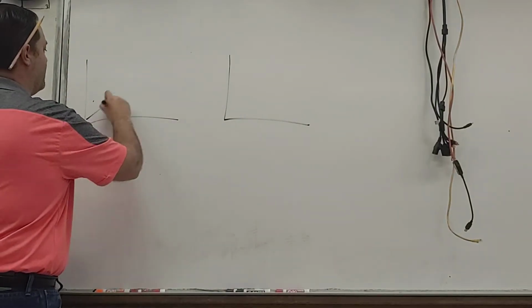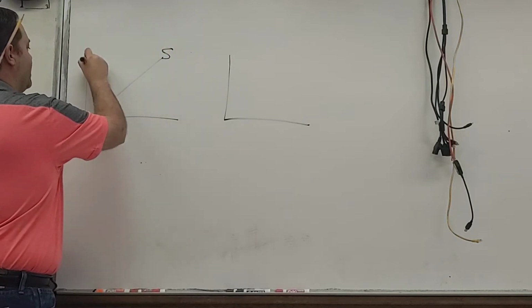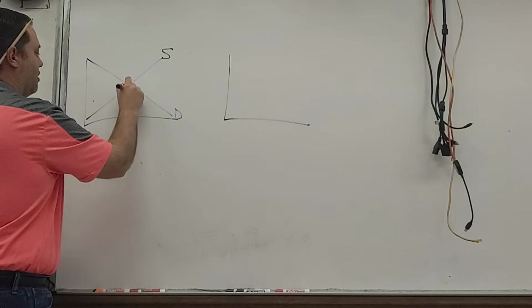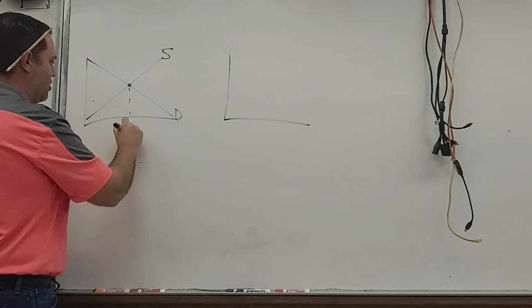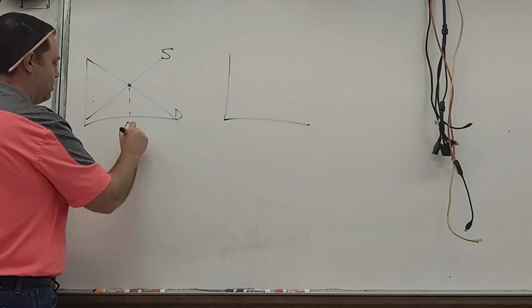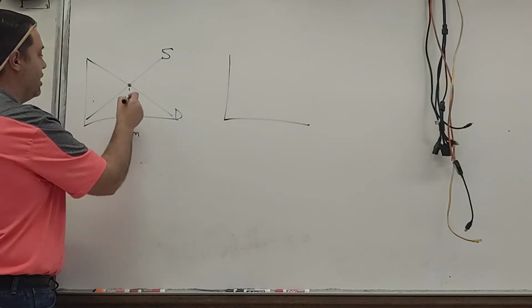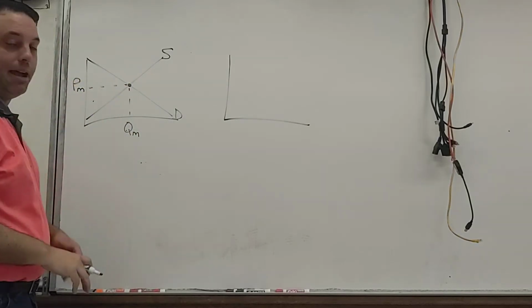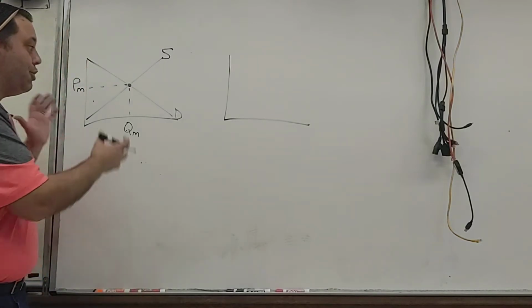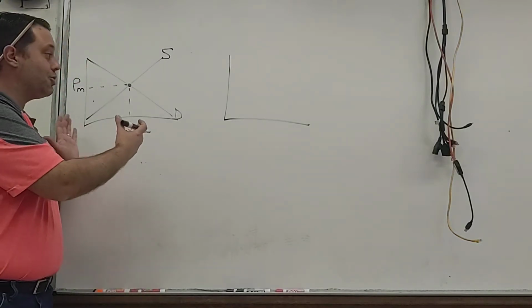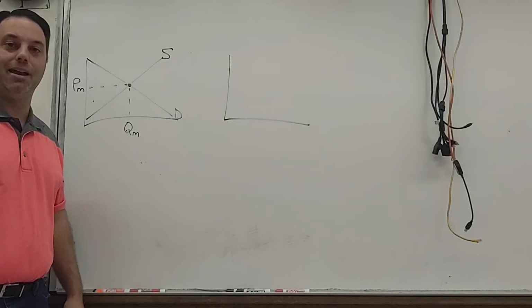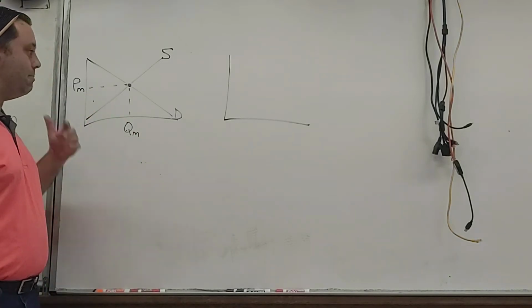To begin, we're going to have supply and demand, and we called this one QM, I believe, with M as a subscript, and PM. If you only have that, if you got nothing else other than that, you already got 1 point for just drawing a supply and demand curve and having QM and PM.